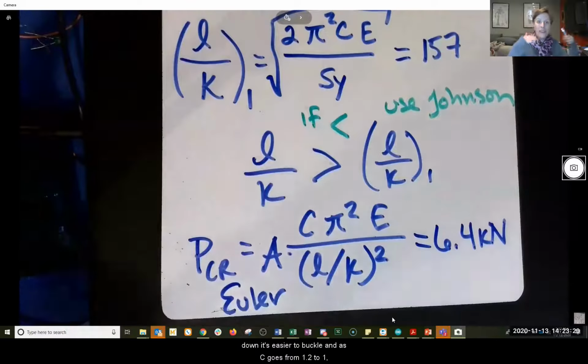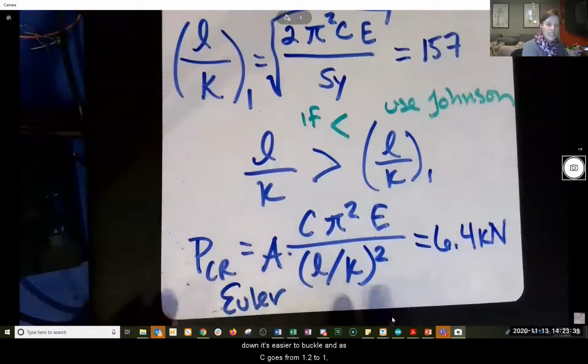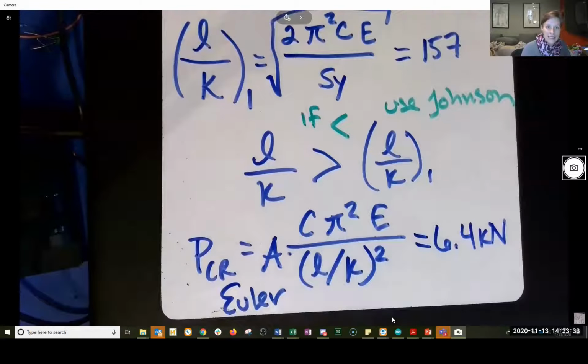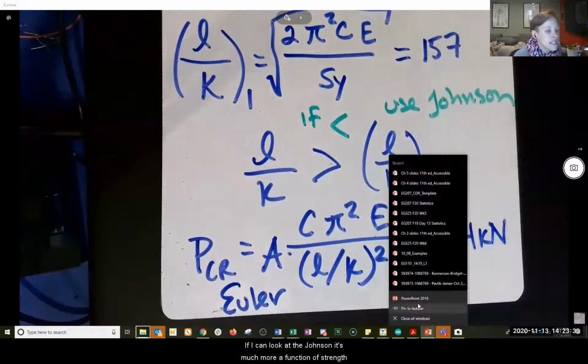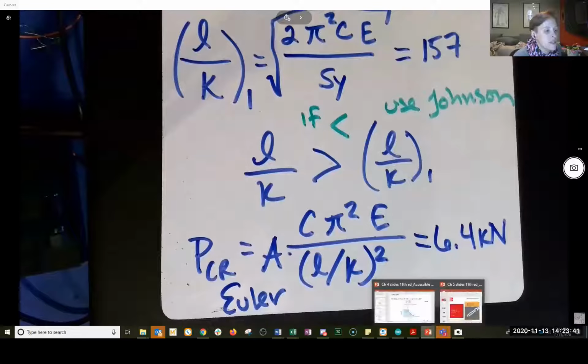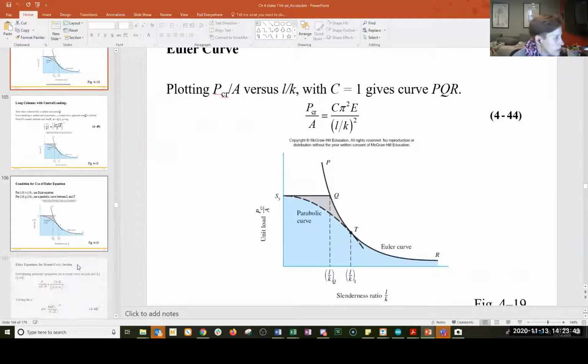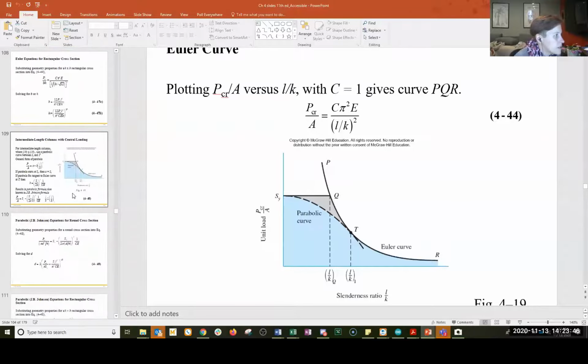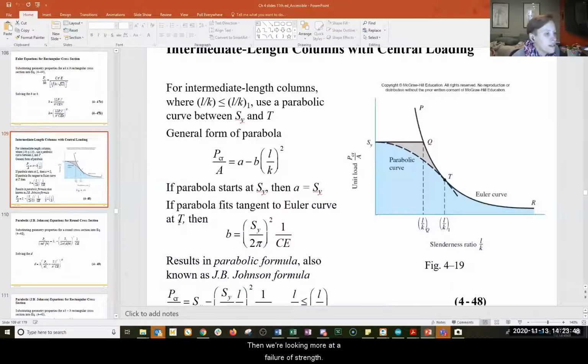So it's really easy to see where the buckling is affected by flexibility and how slender it is. If I look at Johnson's, it's much more a function of strength, because if it's short and stout, then we're looking more at a failure of strength.